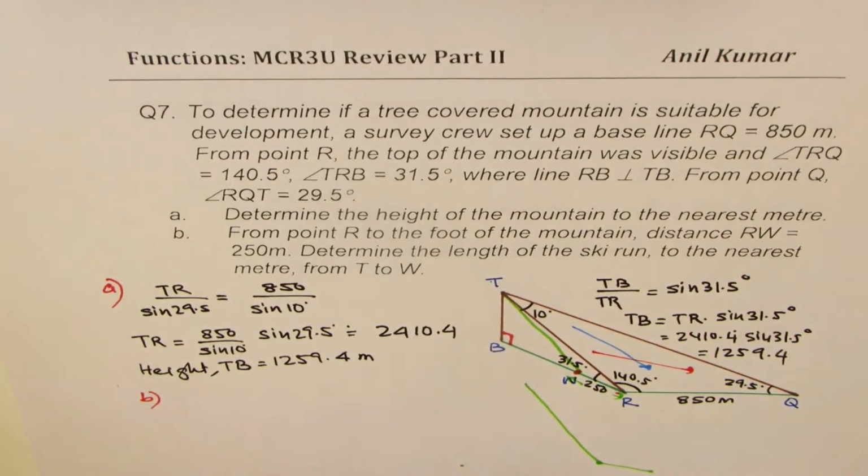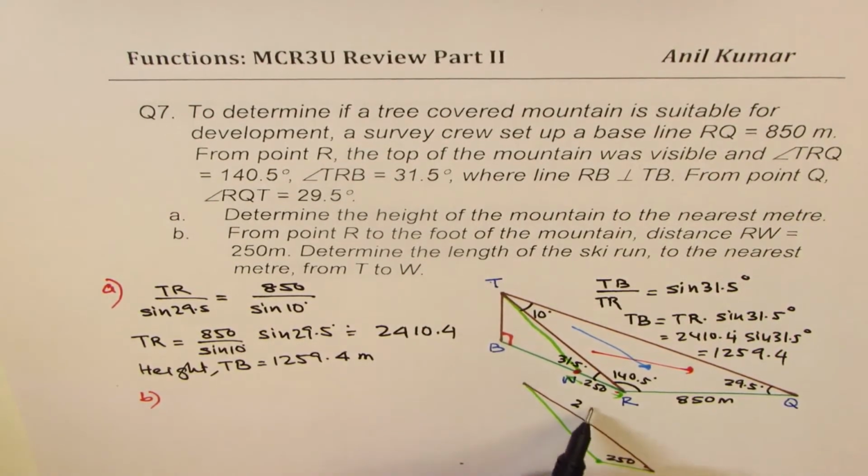I'm redrawing the whole thing. What we know in this particular case is that this side is 250, and that side we just calculated as 2410.4. And what we need to find is the slope S.